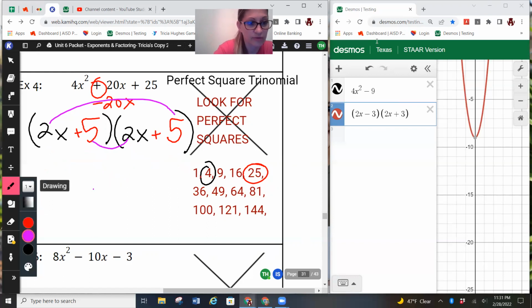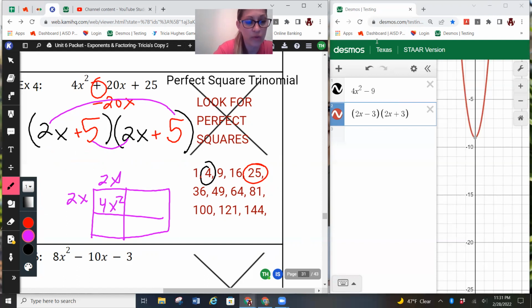All right, so if we're using our box method, we know that 2x times 2x is 4x squared. We know that 5 times 5 is 25. And we know that 5 times 2x is 10x. 2x times 5 is 10x, and 10x plus another 10x is how we get positive 20x.